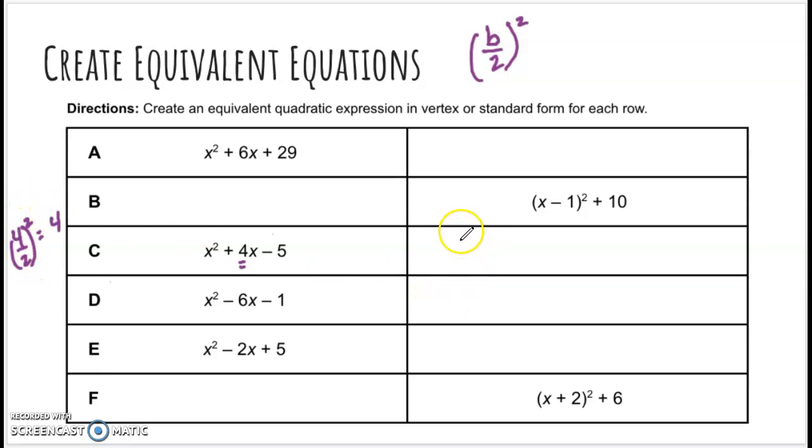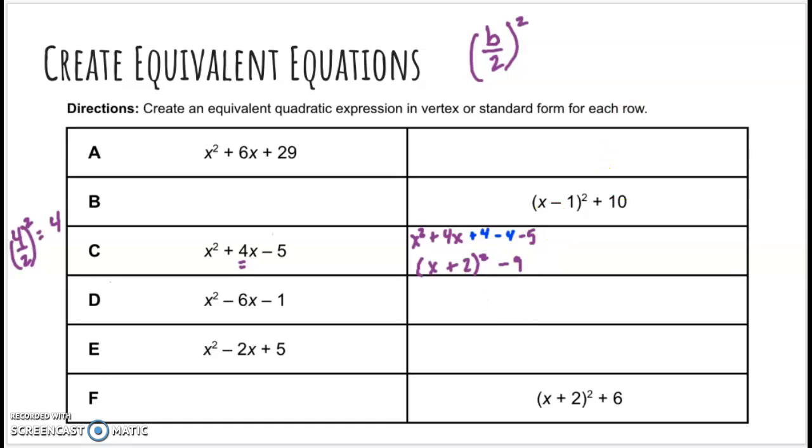So I'm going to have x squared plus 4x, and then for that magic number I'm going to both add 4 and subtract 4, and then minus 5. What that gives me is x plus 2 quantity squared minus 9.